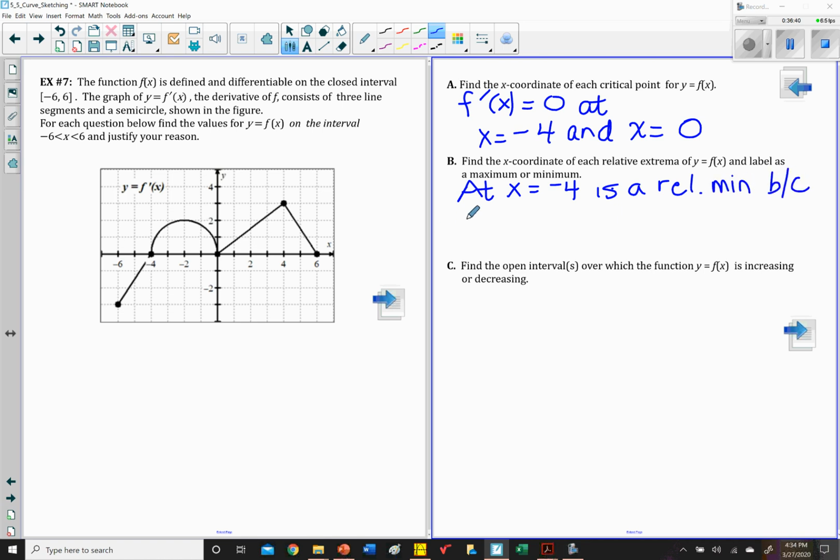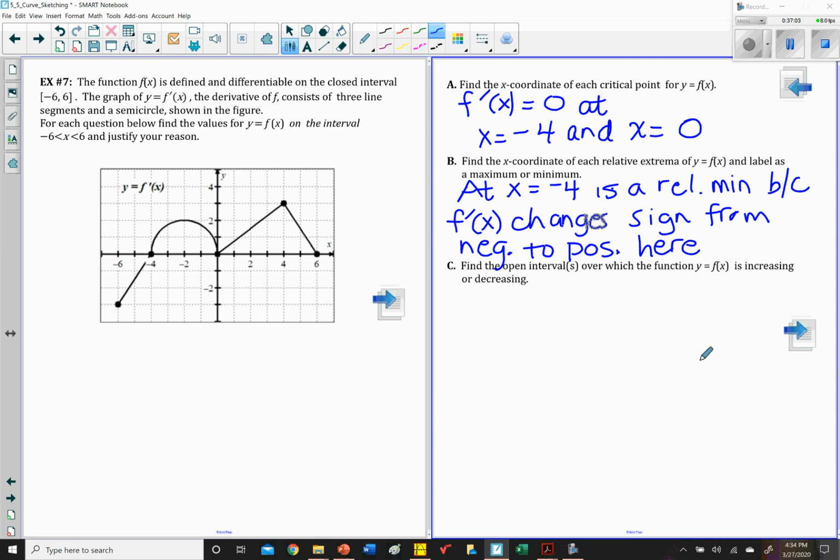I'm going to say because f prime changes signs from negative to positive here. And I'm abbreviating for space.